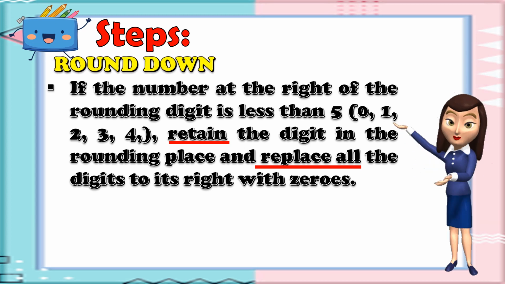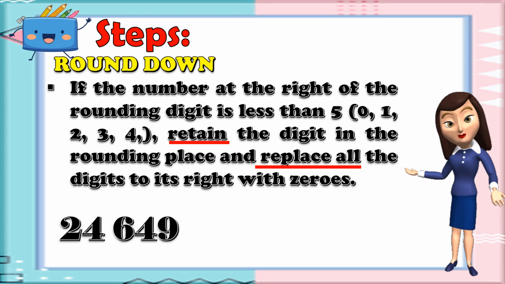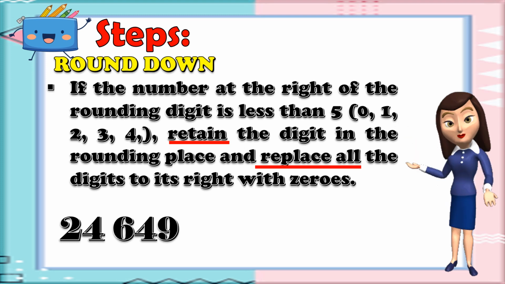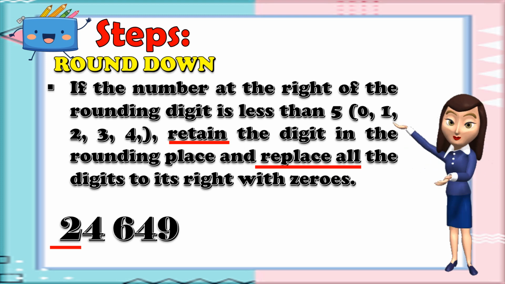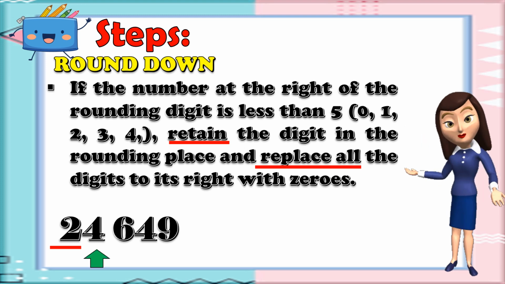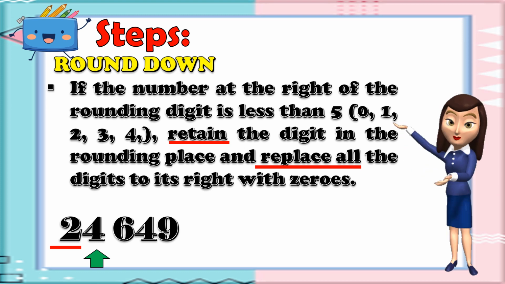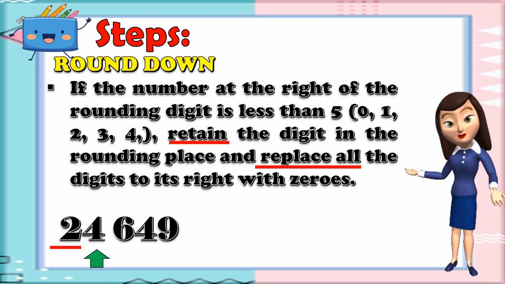So, sa number na i-round off natin na 24,649, kanina na-identify natin na ang i-round off natin ay 2 at ang katabi nito ay 4. Ngayon, ang 4 ba ay mas malaki o mas mababa sa 5? Tama, ito ay mas mababa sa 5 kaya tayo ay mag-round down.